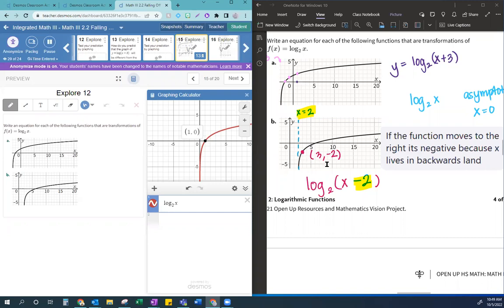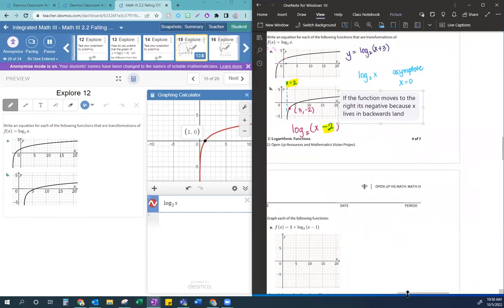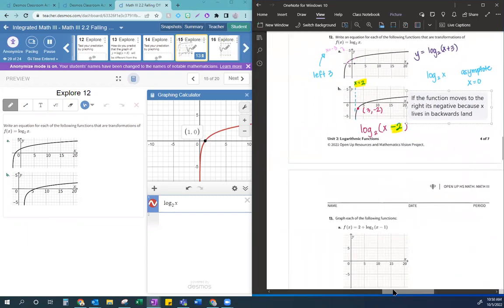Yes. So I'm going to write that out really quick. The point 1, 0 moved to the point 3, -2.